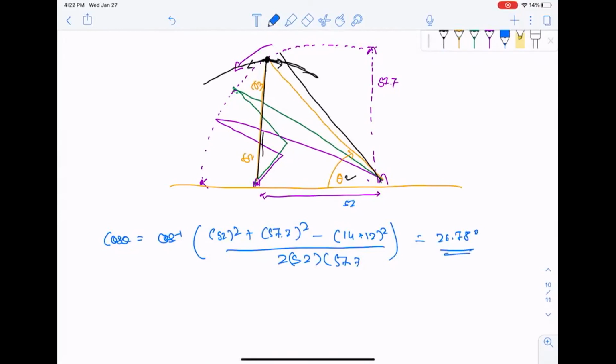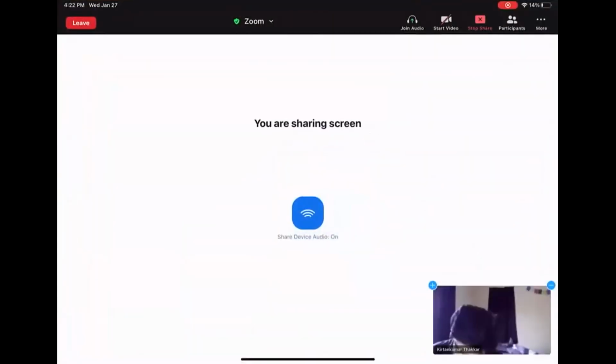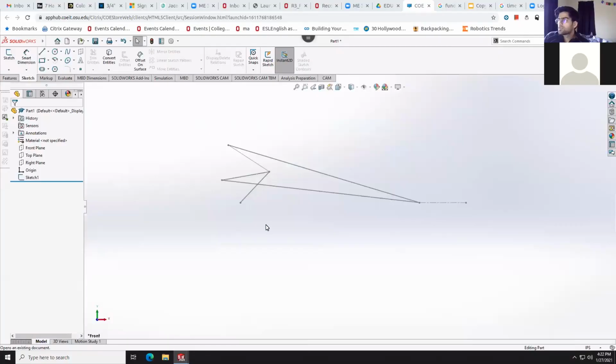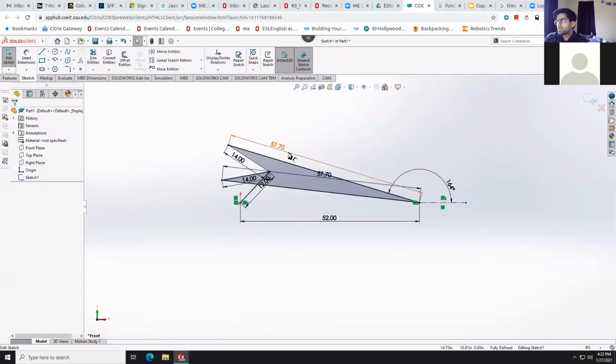Now let us analyze this case in SolidWorks. As I was explaining, here is link R2, R3, R4, and you can check the dimensions as well. This was the second case which we were discussing.